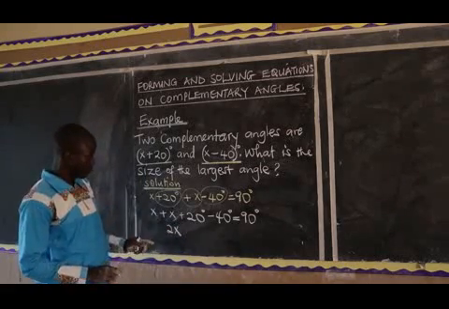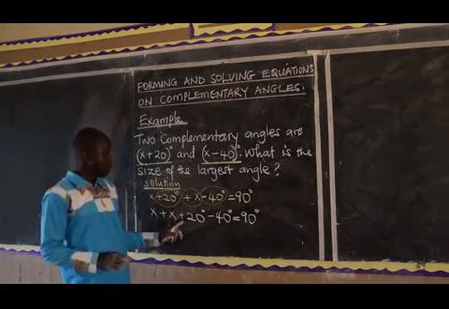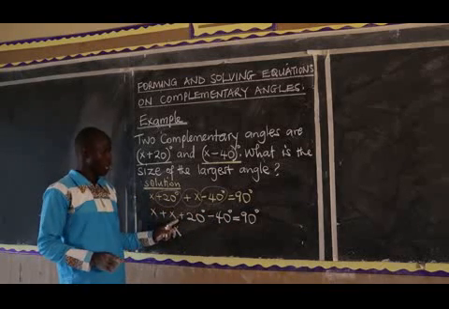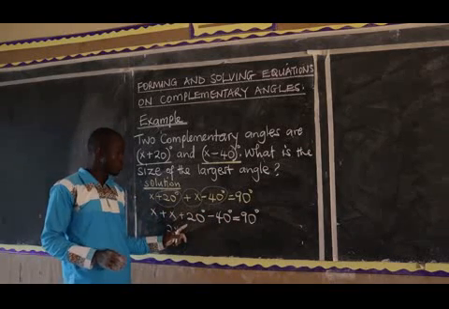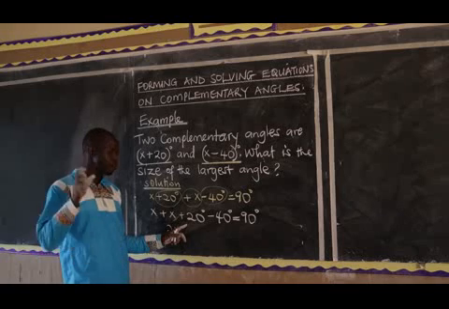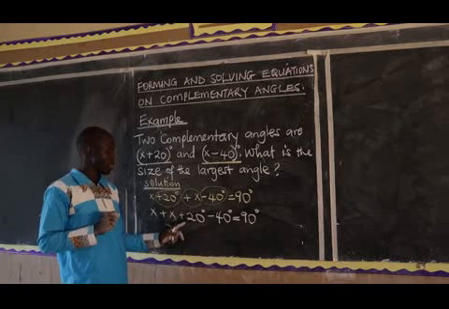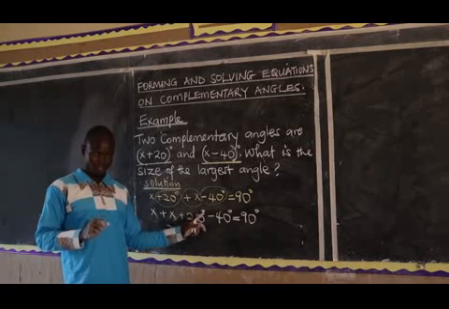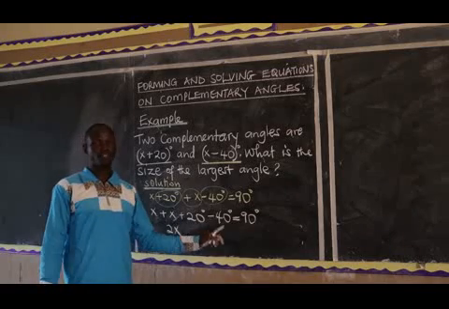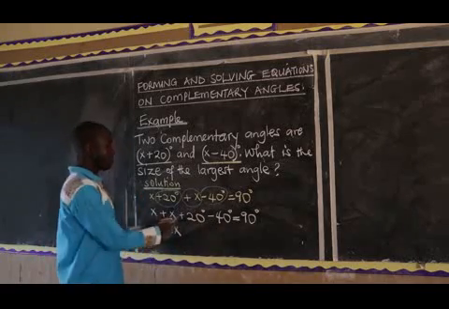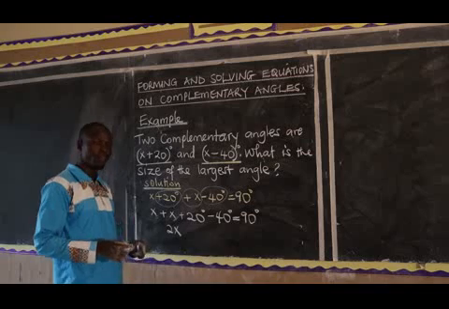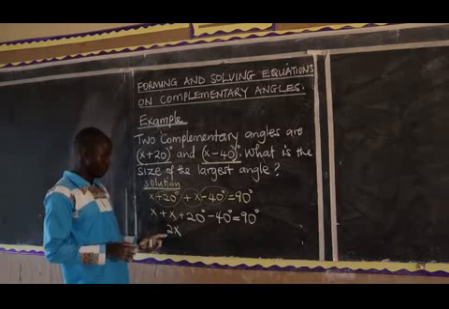And then from here, x plus x we shall get 2x, correct? Now, this is the part where we have to look at the first introduction to this lesson. We have positive 20 degrees, and then we also have negative 40 degrees. Now, when simplifying this part, we have to be very, very extra careful here.